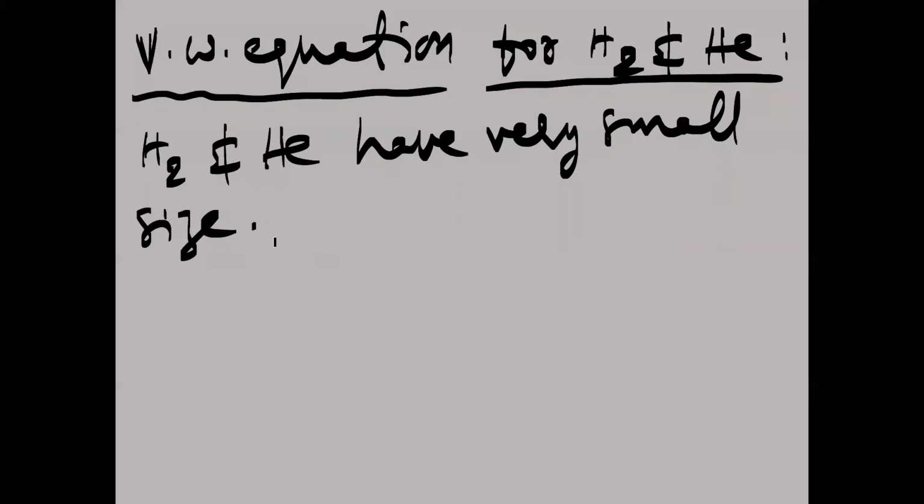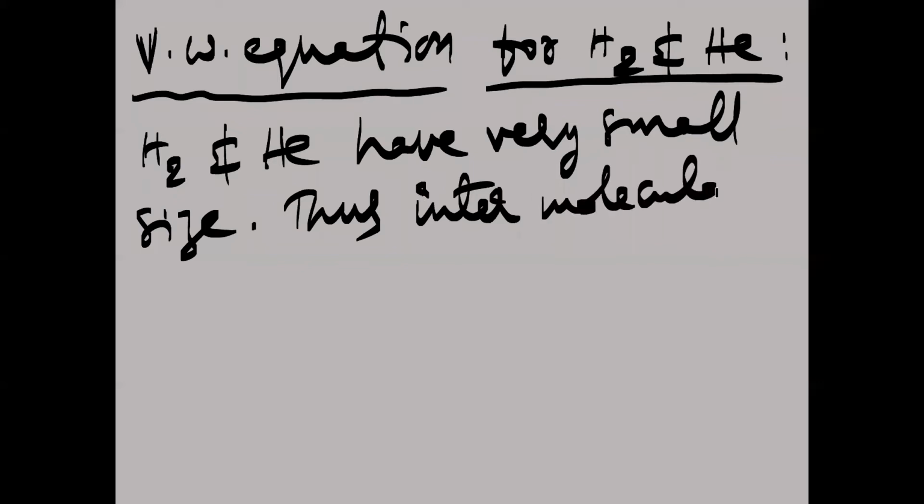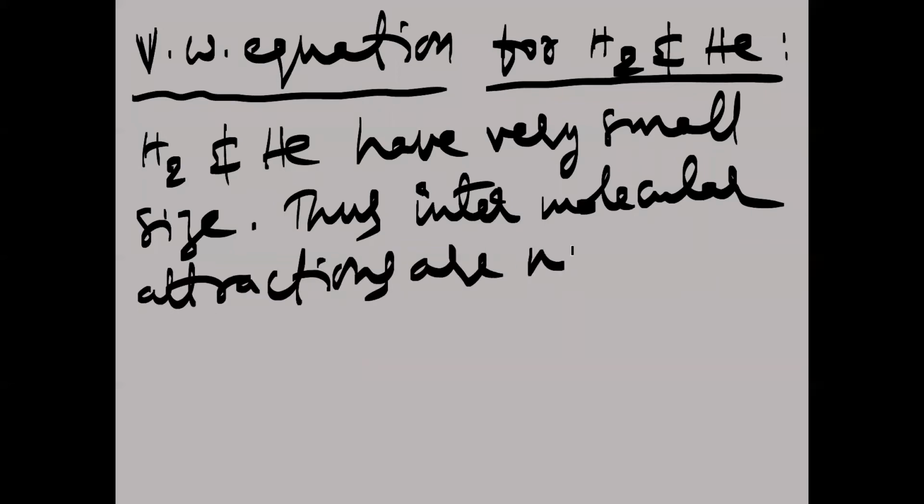When size is very less, what happens? The mass is less, sizes are less, then intermolecular forces of attraction are negligible. Intermolecular, inter means between the molecules. Intermolecular attractions are negligible.